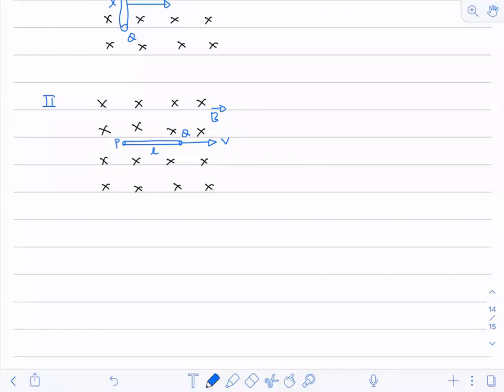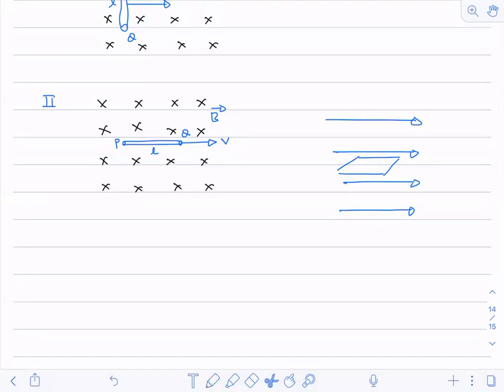It's the same as if this is a magnetic field line and you keep a horizontal plane like this. No field lines are crossing it.